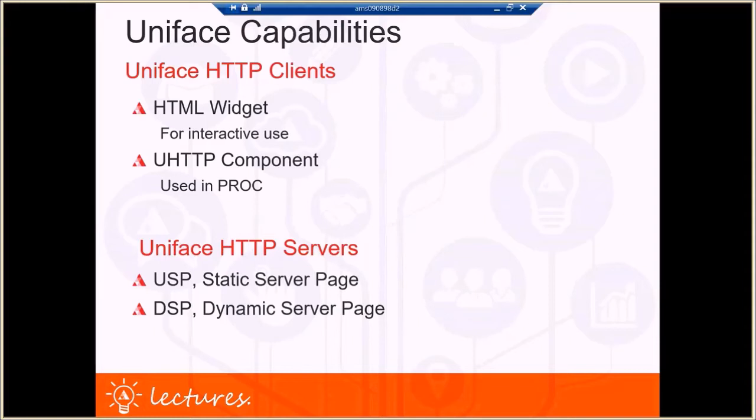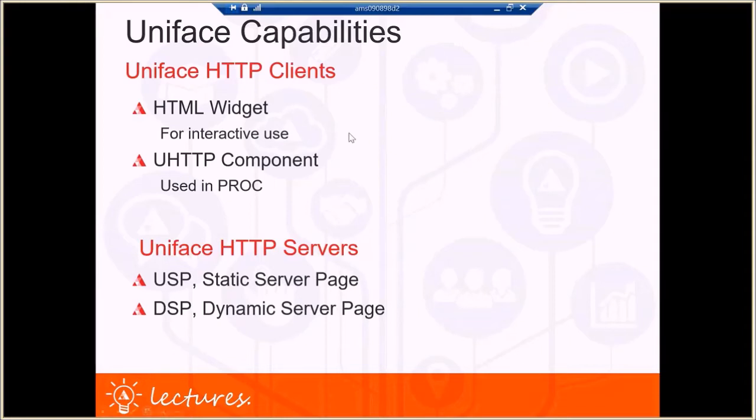Dynamic server pages are really for full-fledged backends for web applications, and I won't be talking about those really at all in this presentation, but for the other three capabilities we'll see those in use.